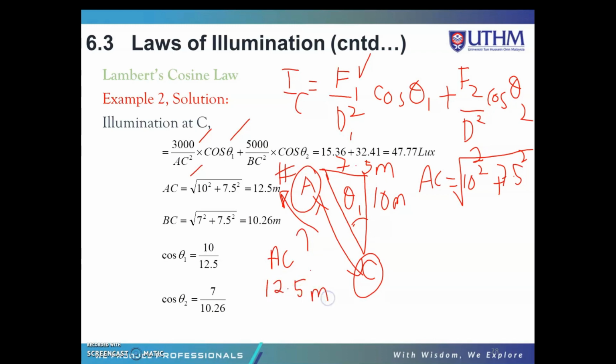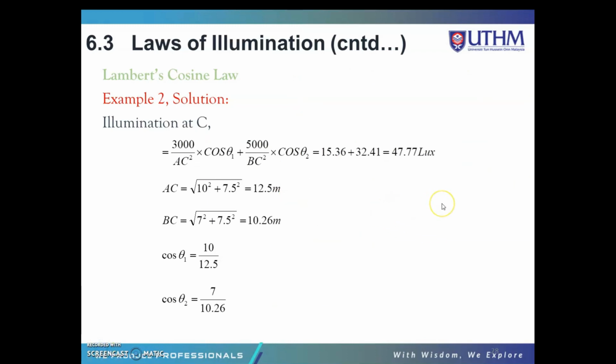So for the first triangle, from A to C with theta 1, the lengths are 10, 12.5, and 7.5.